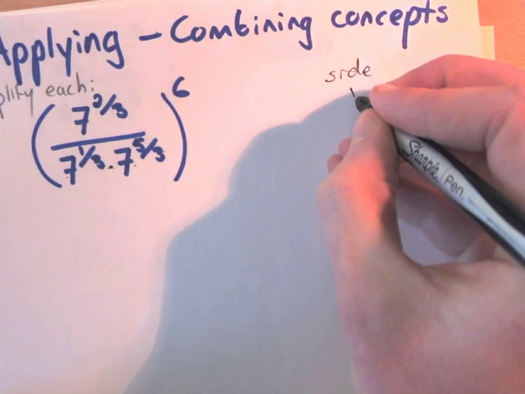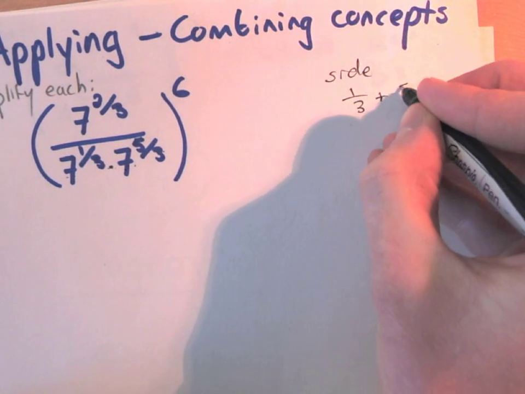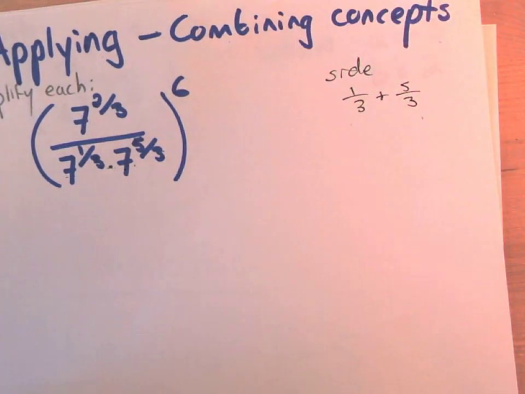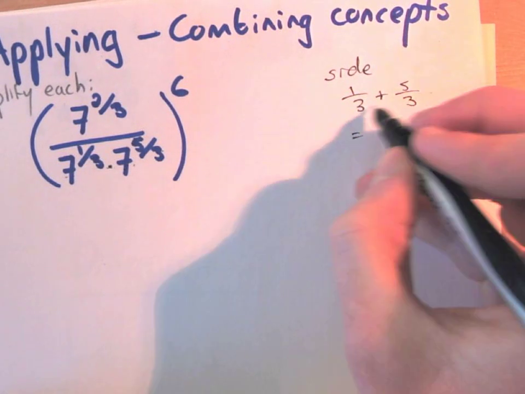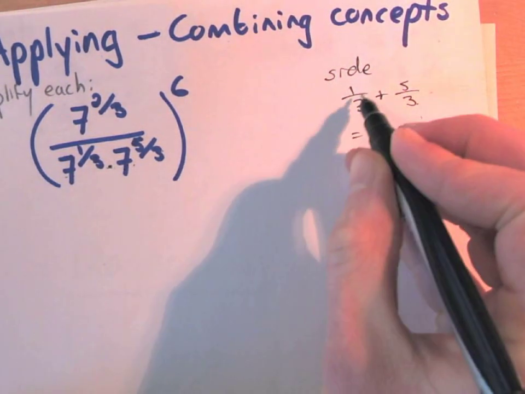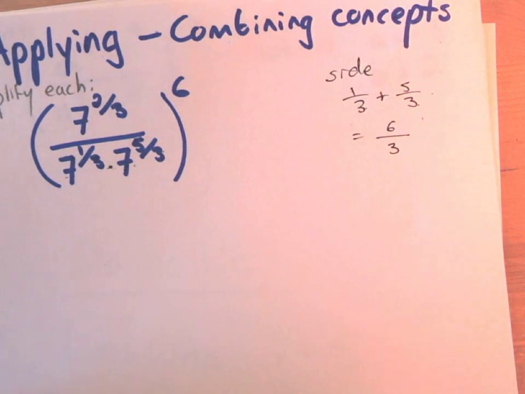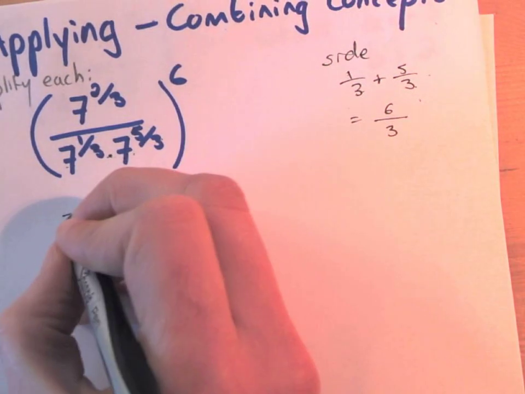What's 1 over 3 plus 5 over 3? This is a little bit of a review, but when you add fractions, you leave the bottom denominator the same, and you just add the top numbers. So it's 6 over 3. That means we can rewrite this.